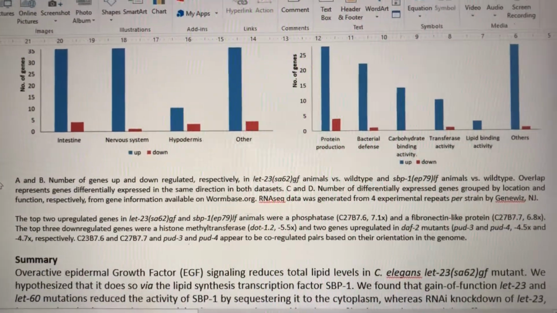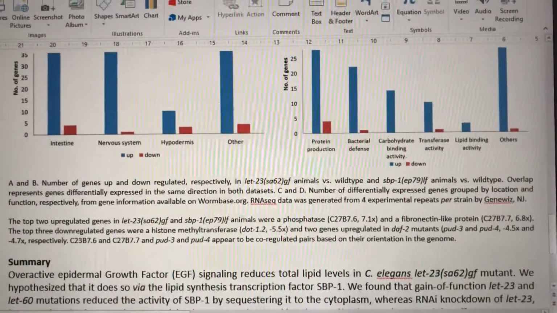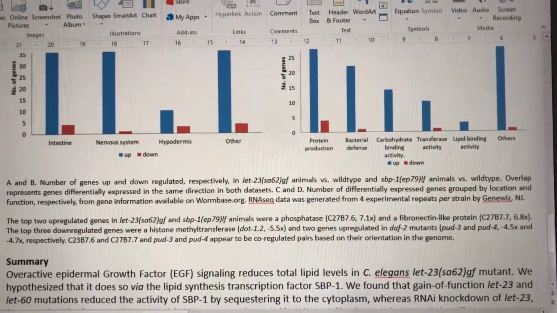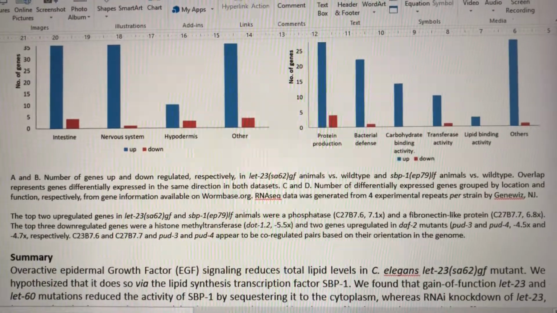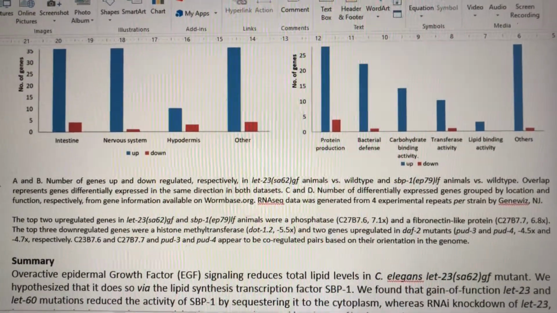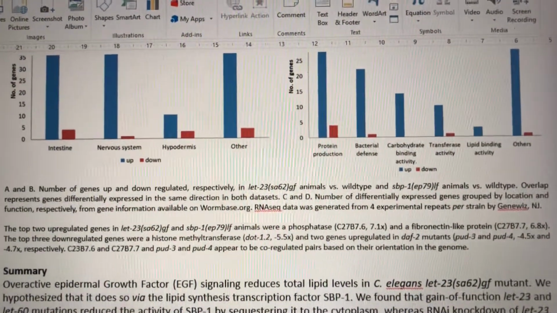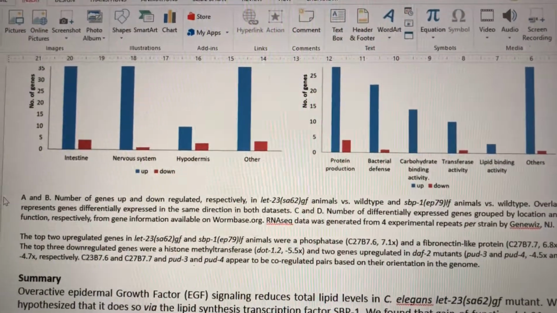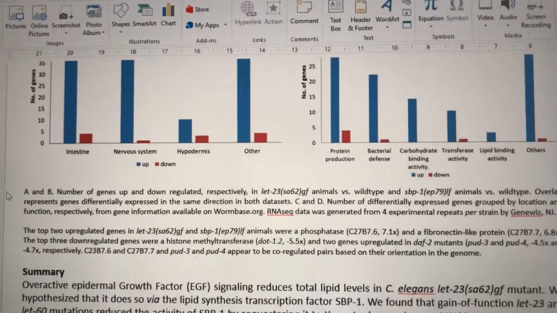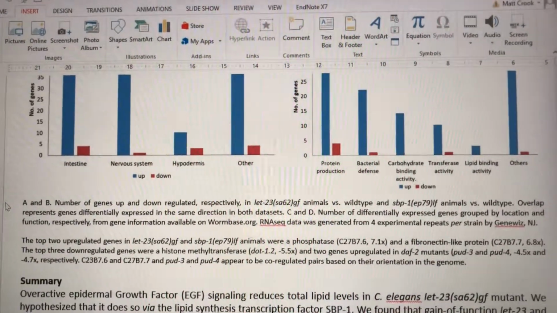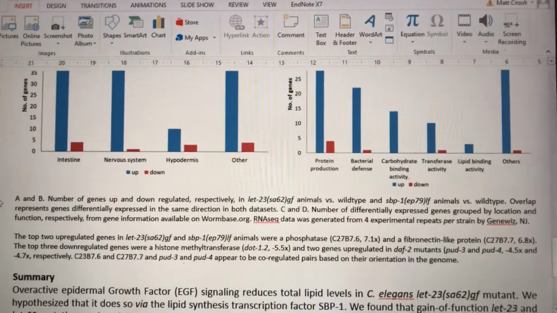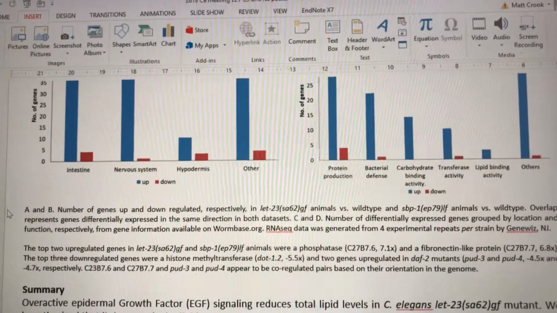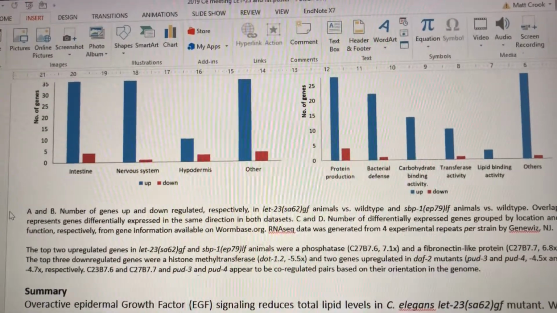Real highly upregulated. Also divergent on the genome, so they share about a 1 kilobase possible regulatory region between them, right? So they're kind of pointing in different directions on the genome. And that's also the case, to a slightly lesser extent, for two of the three most downregulated genes, PUD3 and PUD4. PUD stands for protein upregulated in DAF2, long-lived mutants. So that's kind of interesting as well.